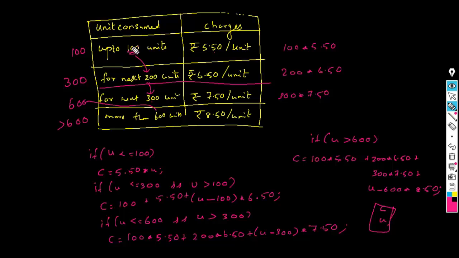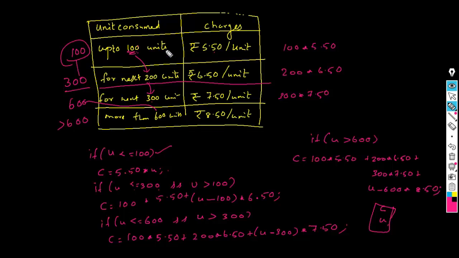And this side, if you take 100 into 5.50, 200 into 6.50, 300 into 7.50, and the final statement will be as it is. The first one is 100. So unit is less than or equal to 100, I directly write 5.50 into unit. But coming to the second one, it is between 100 and 300, lesser than 300 and greater than 100.